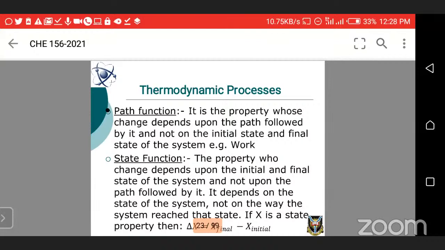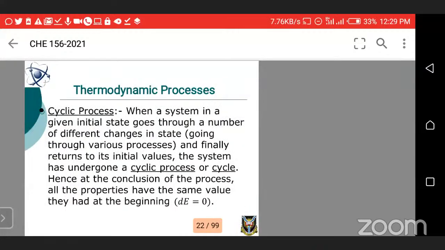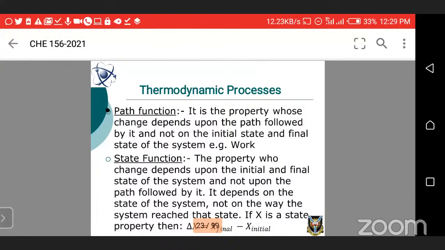You need to understand that it's different from the one we earlier defined as a cyclic process, which is just you move through certain changes and then you go back to the same place where you started from.